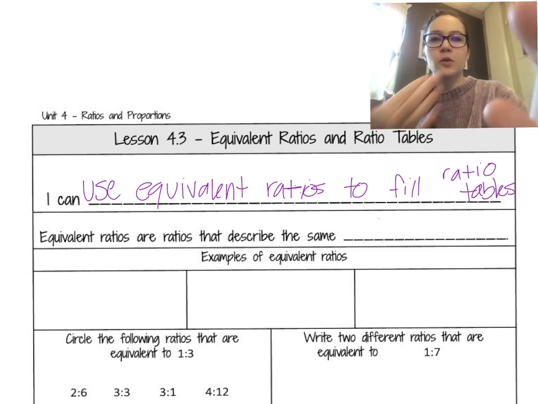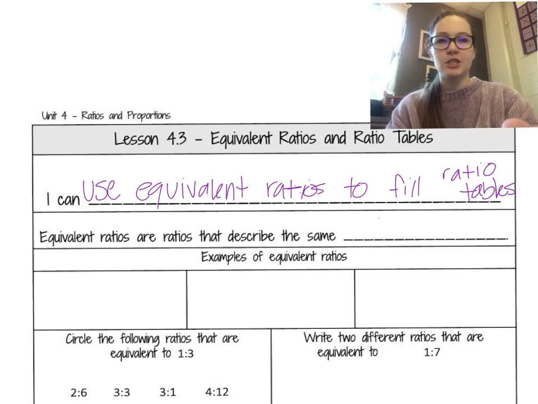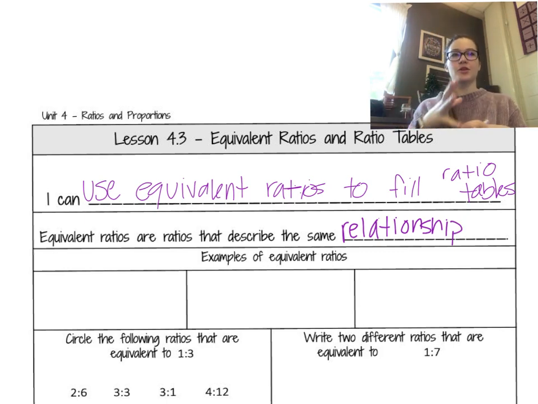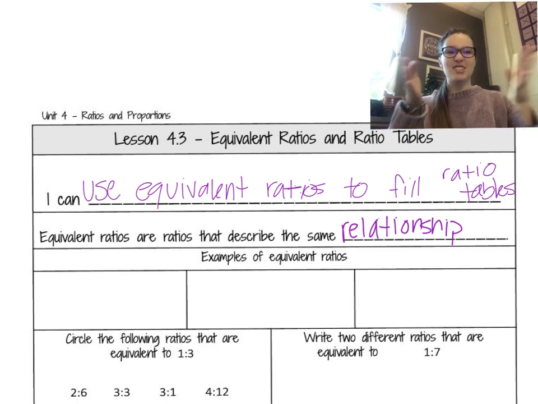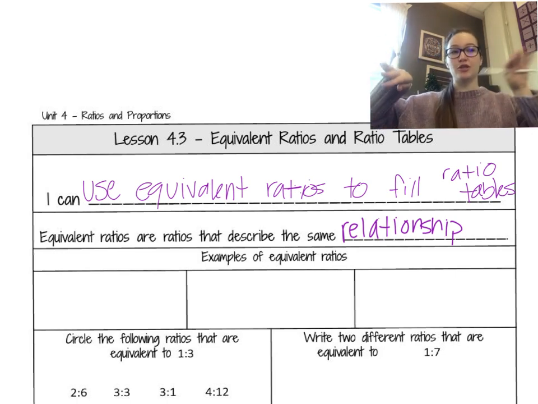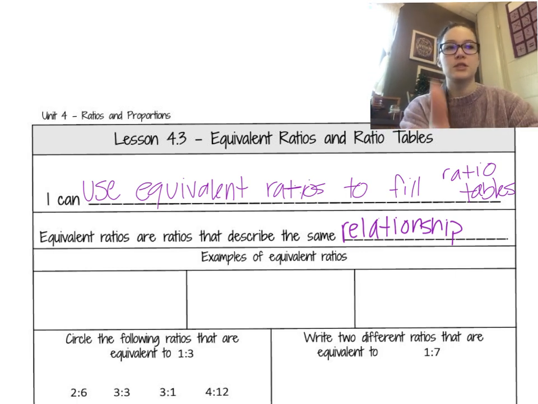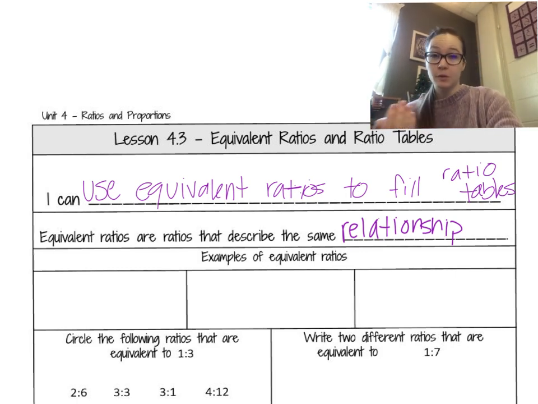So like I said, equivalent ratios are multiple ratios that describe the same relationship. So when I was talking about the ratio of flour to sugar, even though the amounts changed, it was still describing the same relationship of flour to sugar within that same recipe.